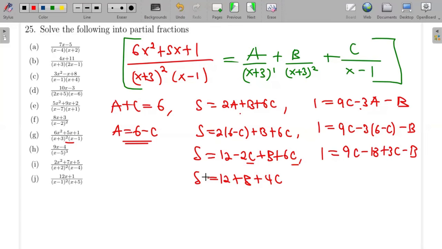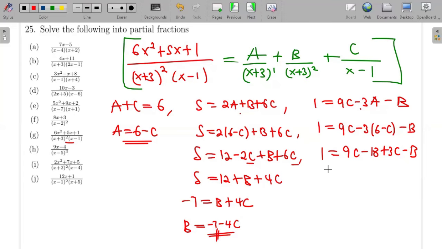So I can take the 12 to the other side. That would be 5 minus 12, so minus 7 is equal to B plus 4C. Simply meaning that B is equal to minus 7 minus 4C.